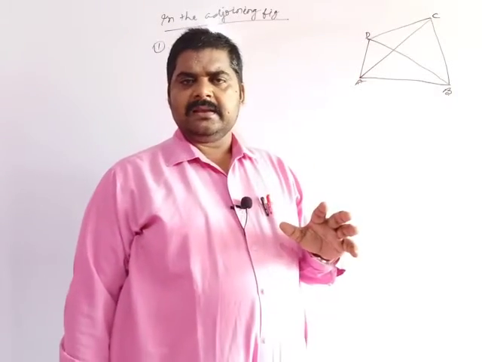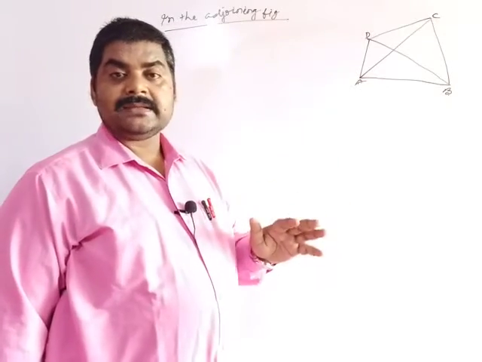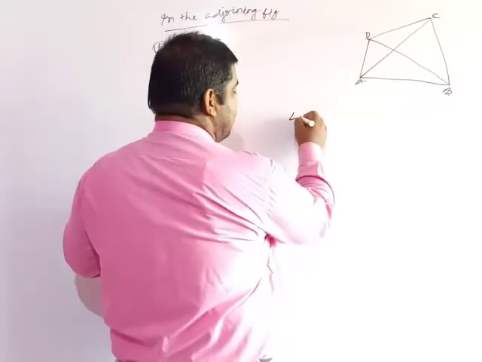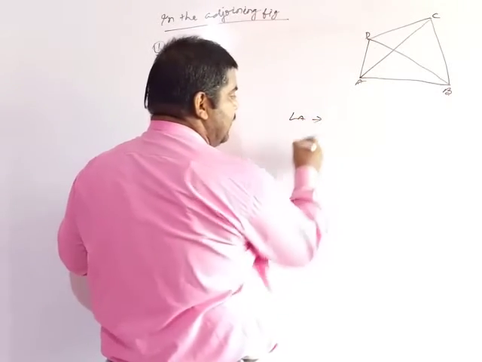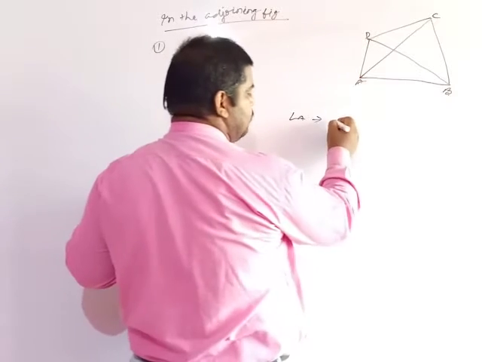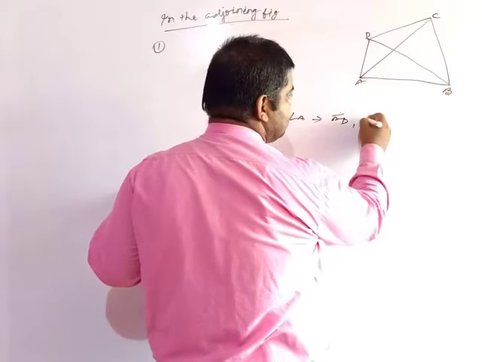Such angles which have a common arm are known as adjacent angles. You can see that angle A is made up of two sides: AD and AB.